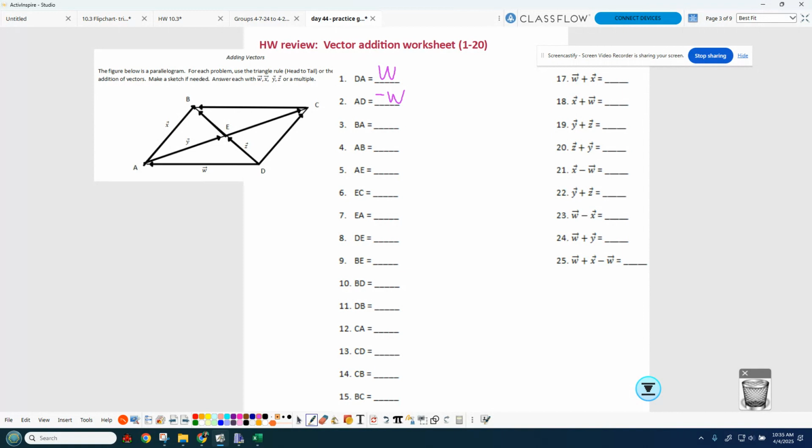Ivan, can you come up and put up what vector BA would be given these things? And Luca, can you put up number 4? Senna, can you put up number 5?